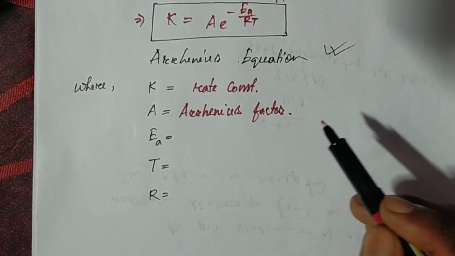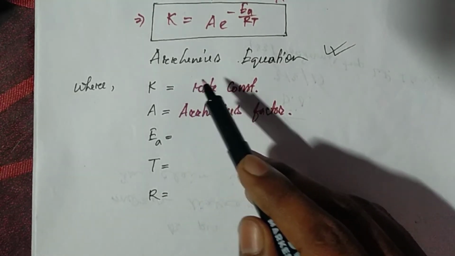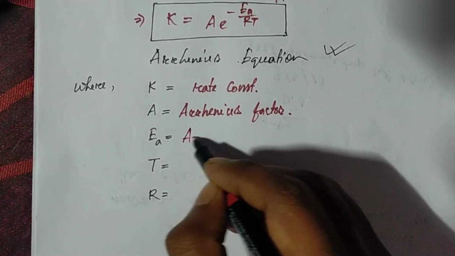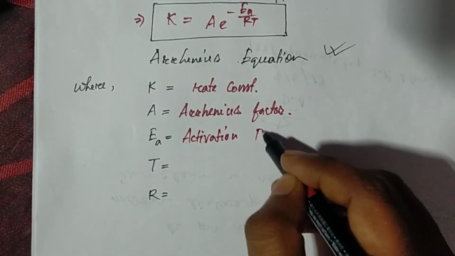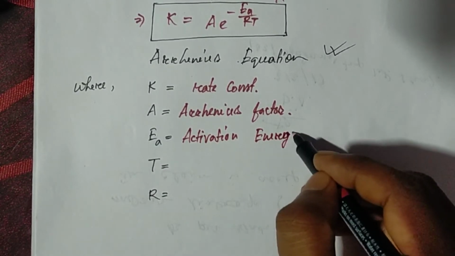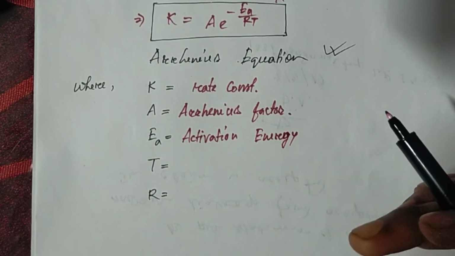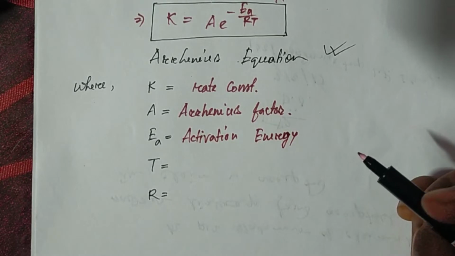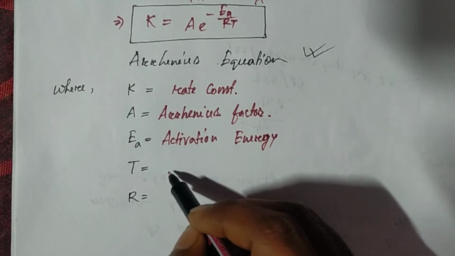And EA is the activation energy, that means the minimum required energy for a reaction to give a product. T is the temperature.